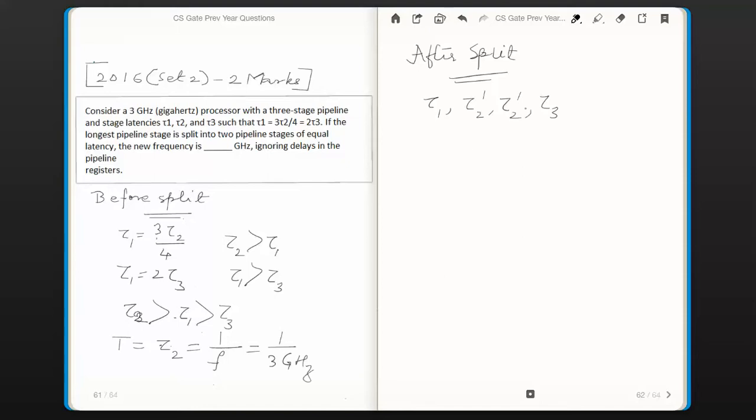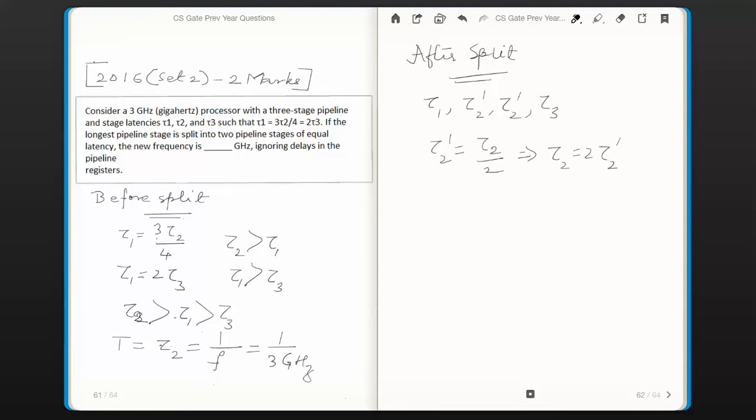Now we need to find out the largest stage latency among these 4. For this we would use the relationship between these stage latencies. We know tau 2 dash is half of tau 2. From here we can find tau 2 in terms of tau 2 dash. So tau 2 is twice of tau 2 dash.